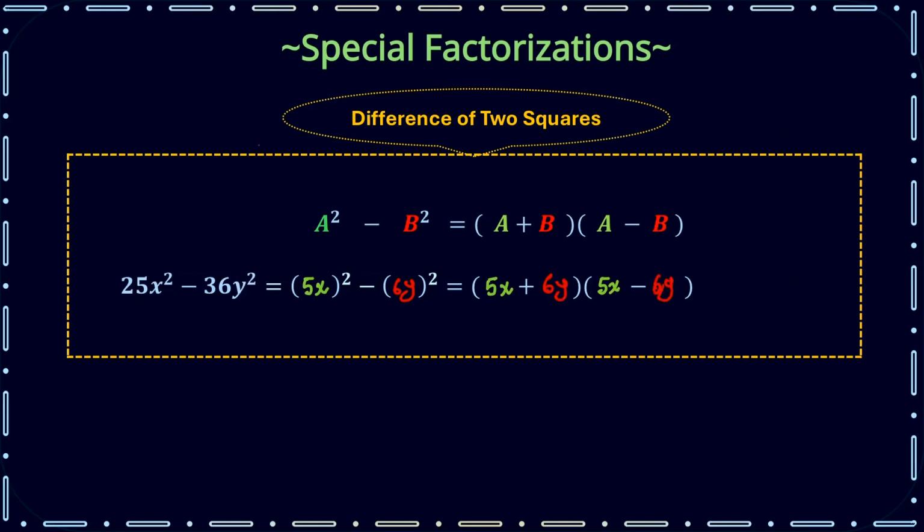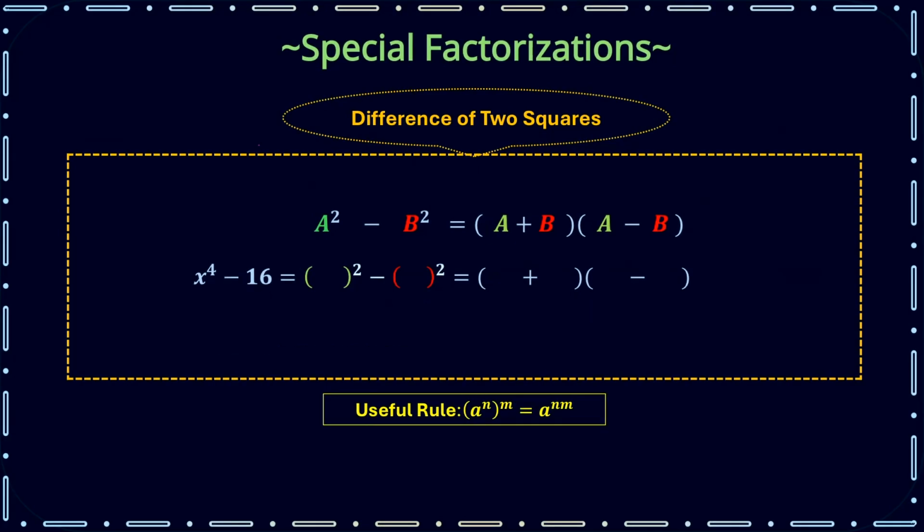As the formula suggests, A plus B, A minus B. That is the factorization of 25x squared minus 36y squared. It doesn't matter how difficult the problem might look. This is what you want to do: identify your A and B.